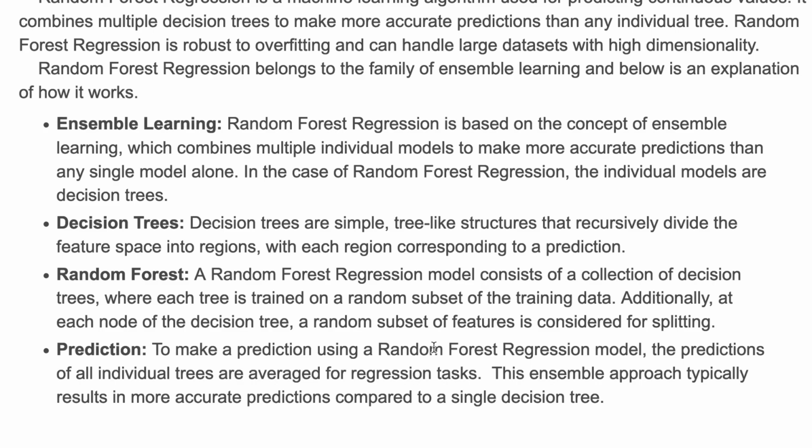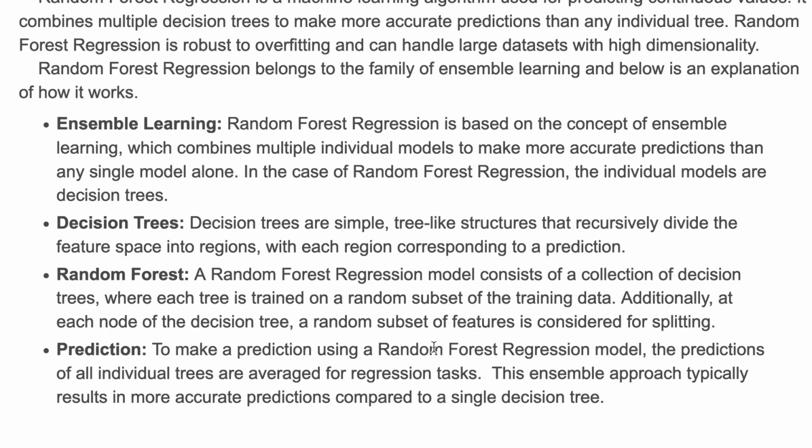Decision trees are simple tree-like structures that recursively divide the feature space into regions, with each region corresponding to a prediction. A random forest regression model consists of a collection of decision trees, where each tree is trained on a random subset of training data.